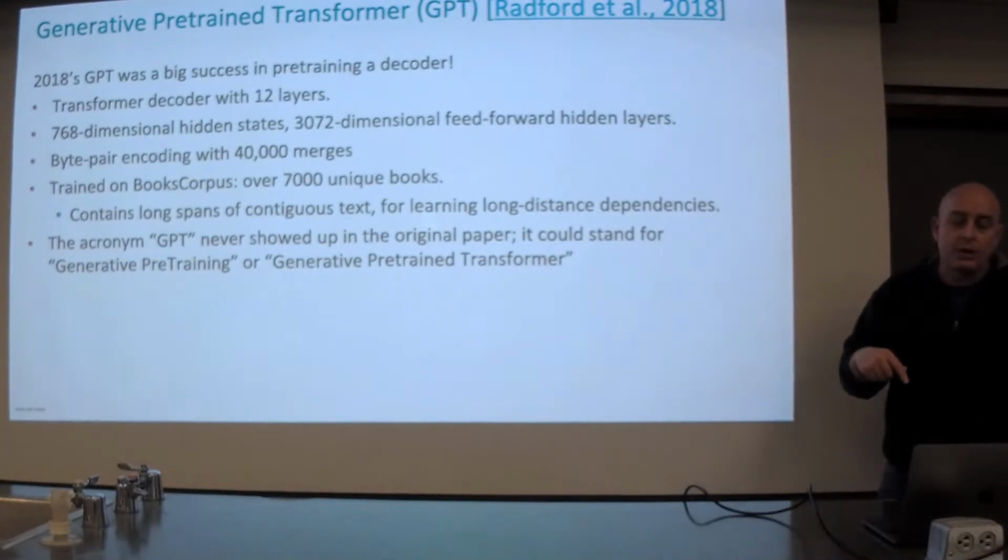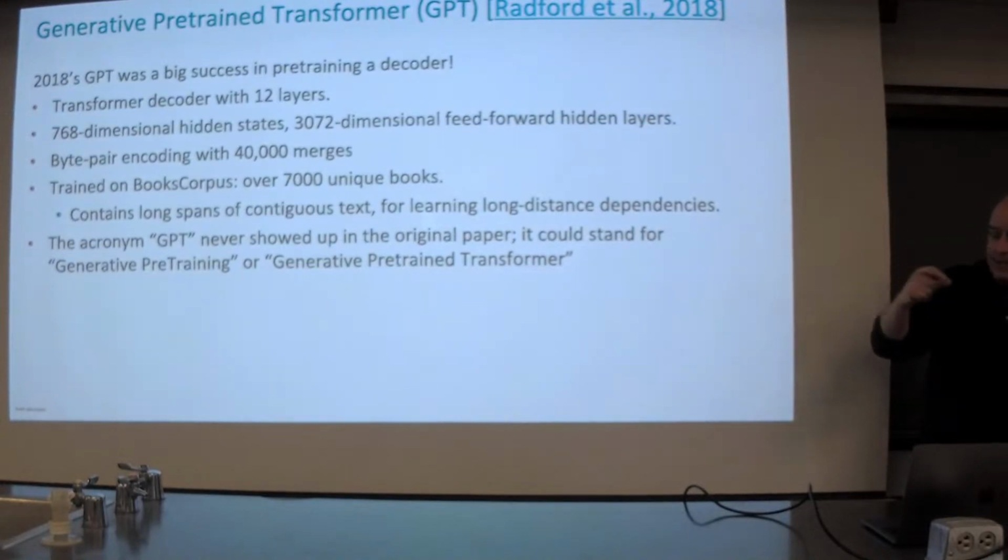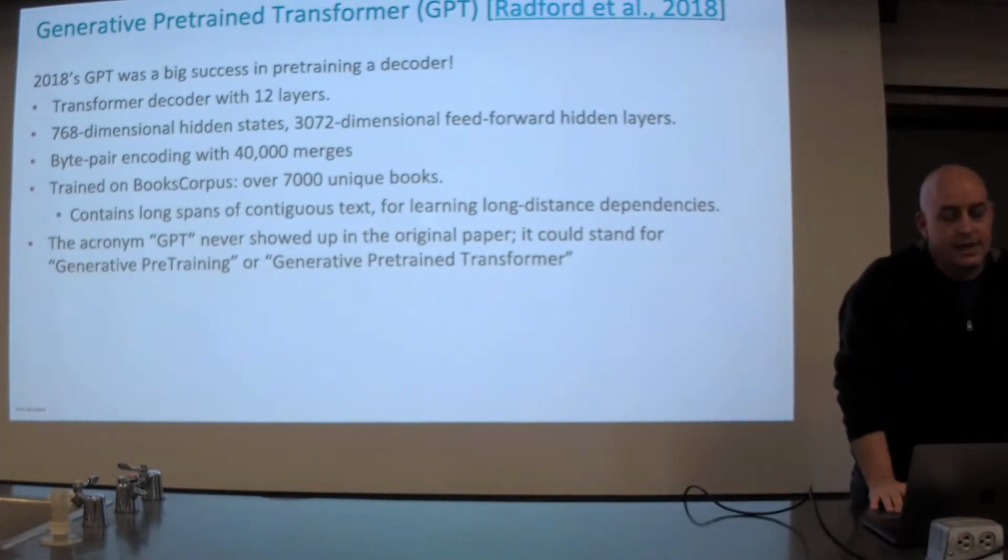So think of just that decoder, but with 12 layers. The sizes of the embeddings within each layer were 768. I don't have a good sense of why that particular number.